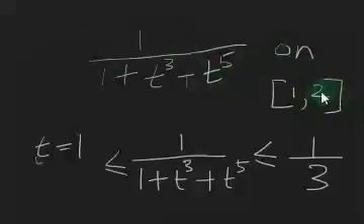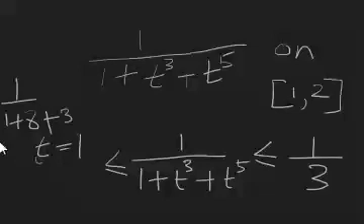So 1 over 1 plus 2 cubed, 2 cubed is 8, plus 2 to the power 5, which is 32. When you simplify, you get 1 over 41. So this function is between 1 over 41 and 1/3.